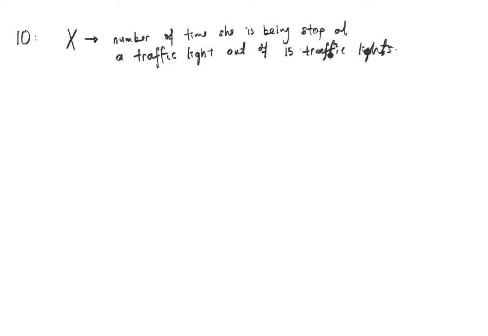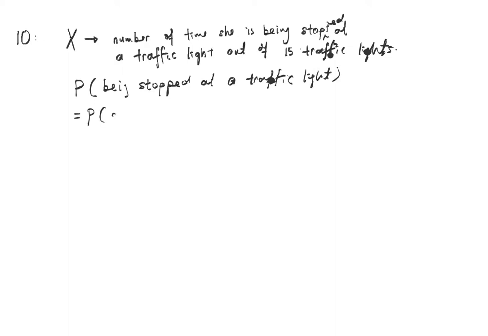So what is the probability of being stopped at a traffic light? This will be the probability of success, right?